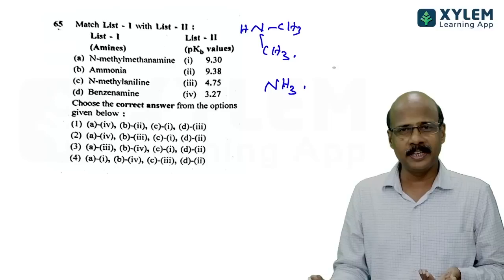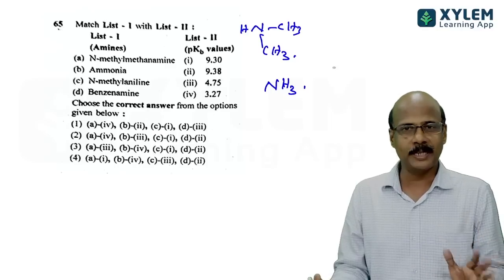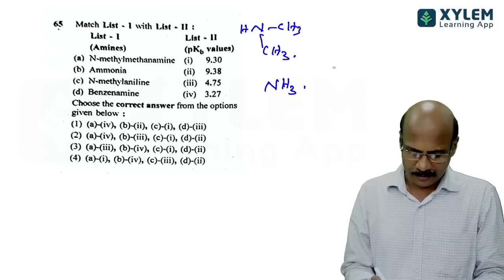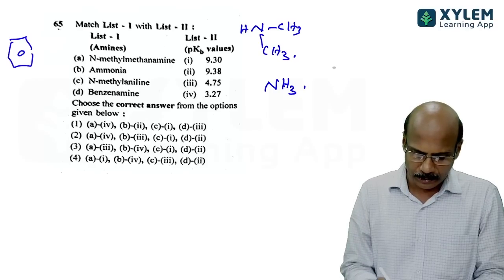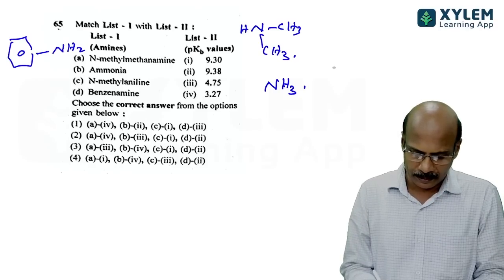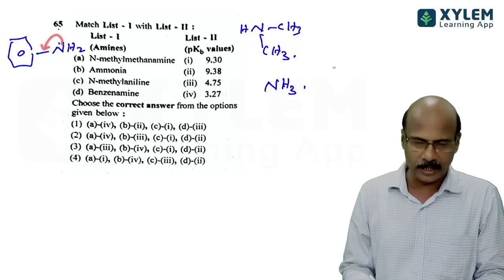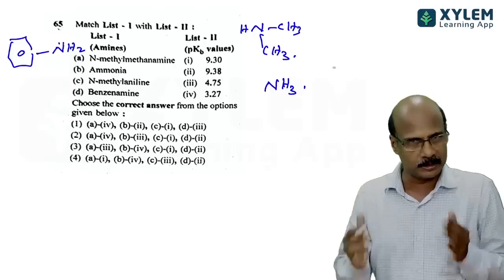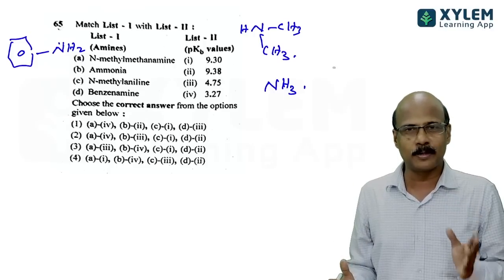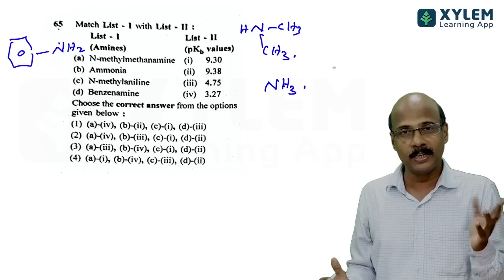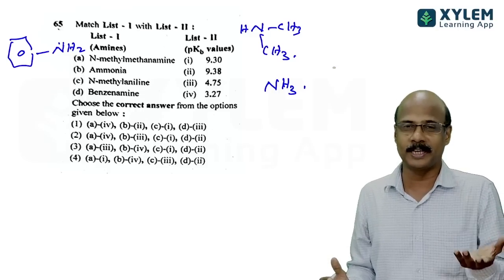What about C and D? C and D are aromatic amines. Aromatic amines are much less basic. When the NH2 group is linked to a benzene ring, what will happen? The lone pair is in resonance. Since this lone pair is in resonance, its basic nature is much less. You know that aromatic amines are much less basic than ammonia, whereas aliphatic amines are much stronger than ammonia.